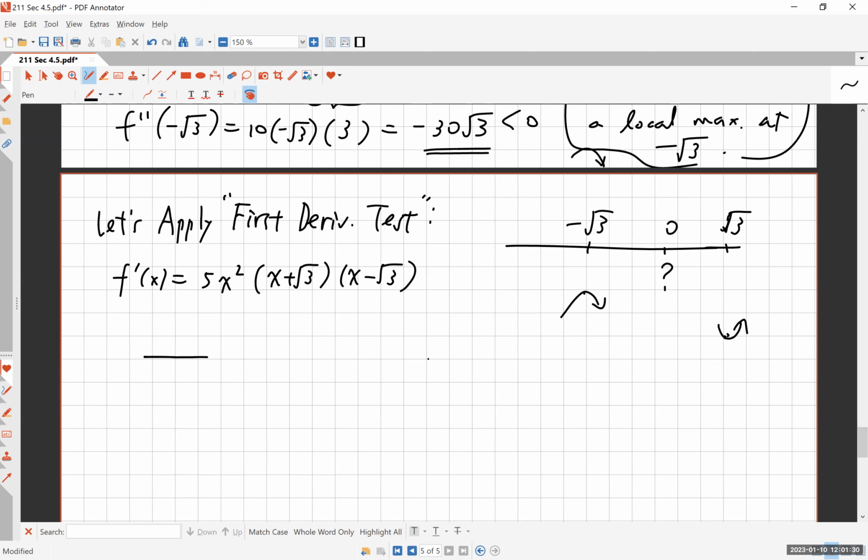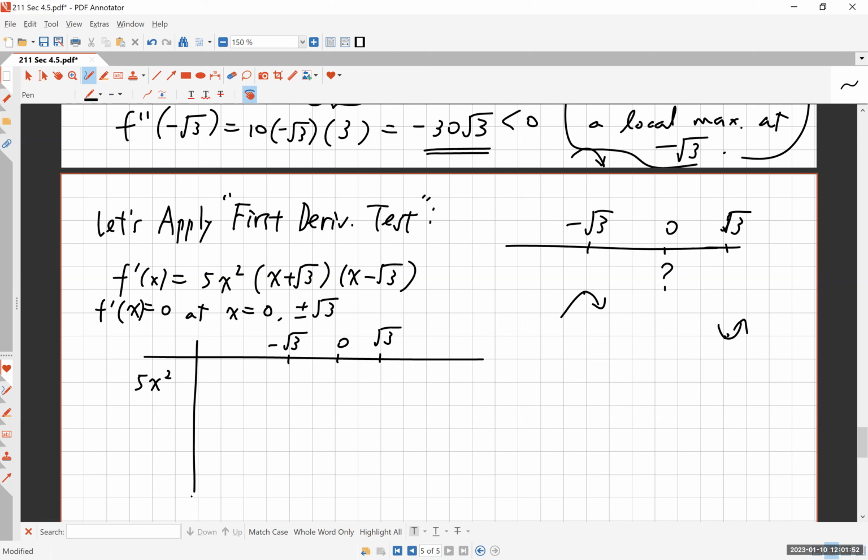All right, so I have this chart. Remember, this is equal to 0 at x is 0, 0 repeated, plus and minus root 3. So I have 0, negative radical 3, positive radical 3. Now 5x squared, what kind of a beast is 5x squared?